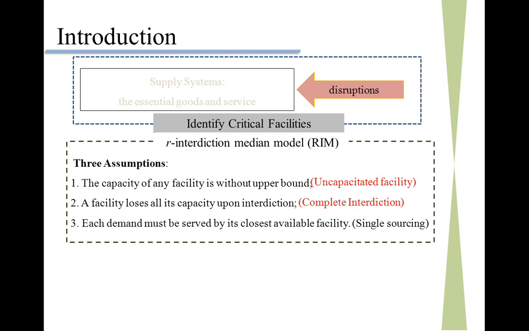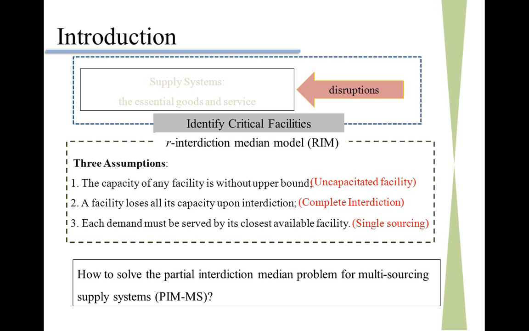A facility loses all its capacity upon interdiction. Third, single sawing. Each demand must be served by its closest available facility. Accordingly, we present the partial interdiction median problem for multi-sawing supply systems and attempt to solve it.